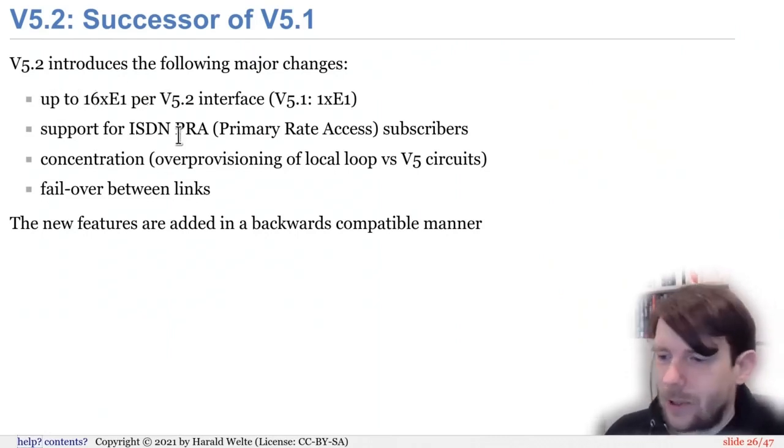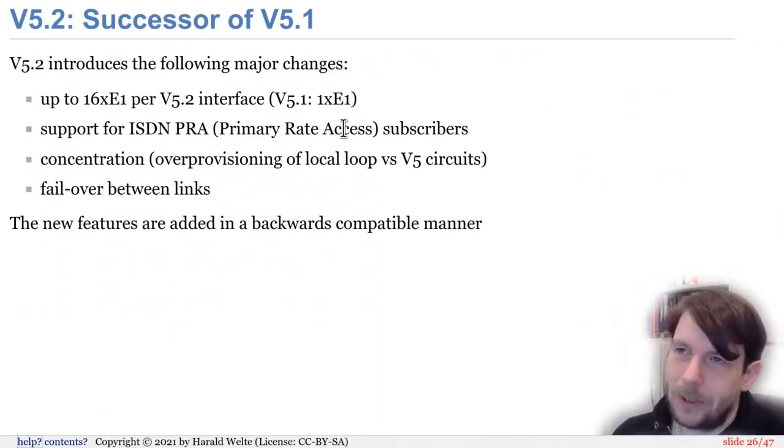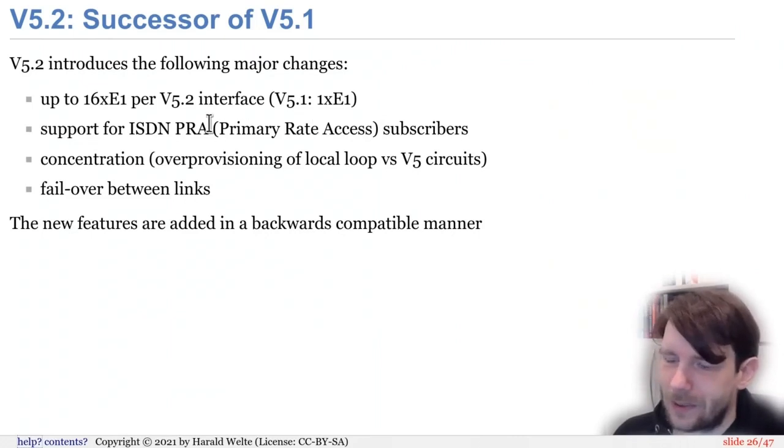It also adds support for primary rate access subscribers. That would be, let's say, your corporate PBXs or your ISPs with dial-up remote access servers and so on. So primary rate connections to subscribers are supported in these access multiplexers.